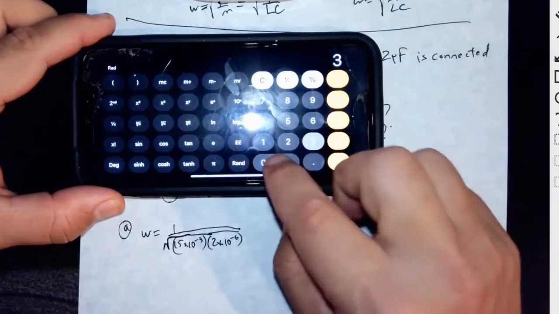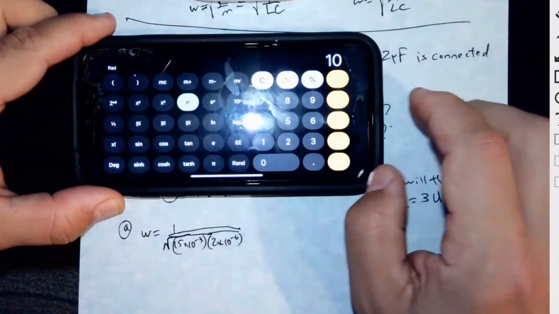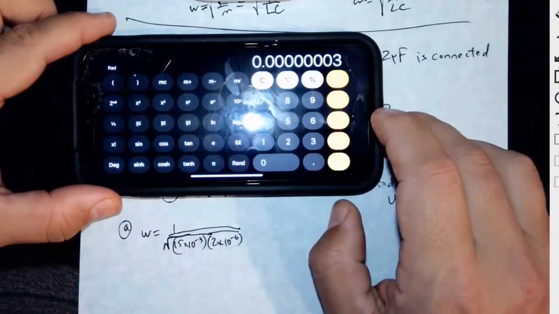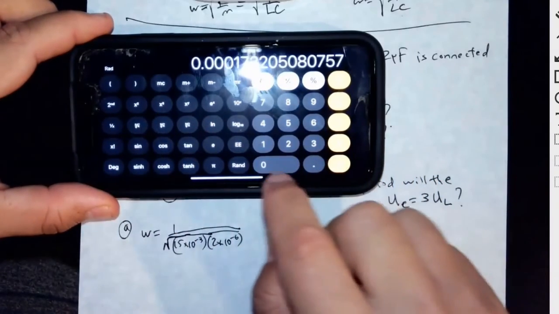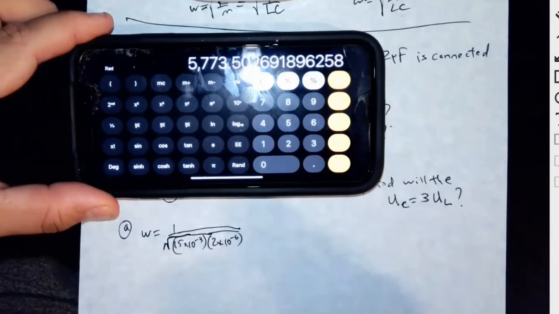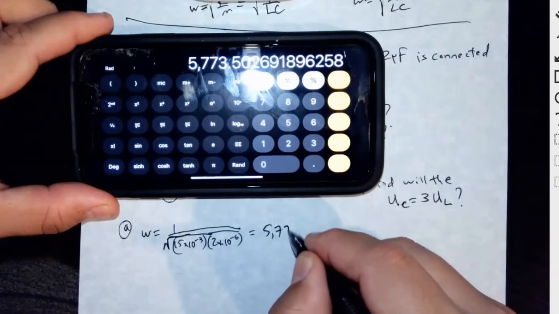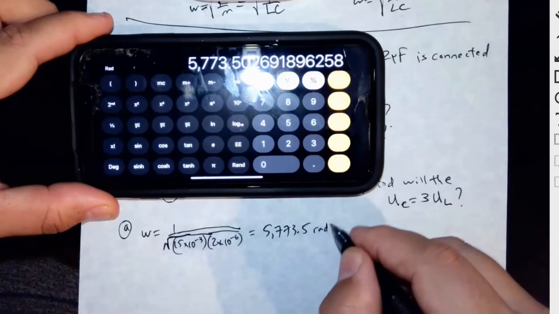So 30 times 10 to the power negative 9, that's the square root, then reciprocate. Oh, that's pretty fast. So the frequency is very, very high, 5773.5 radians per second.